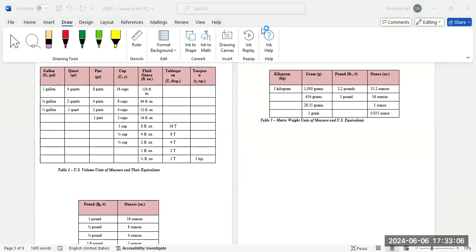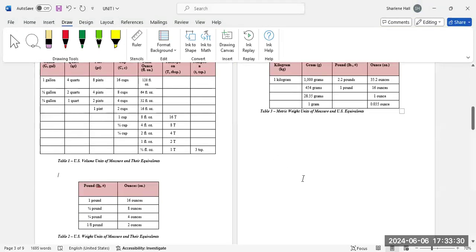Sir, the 1/8 is cut off. I'm not seeing it properly. 1/8 pound is 2 ounces. All right, I'll fix it in my book. Can you see it now? Yes, sir. Better, thanks.